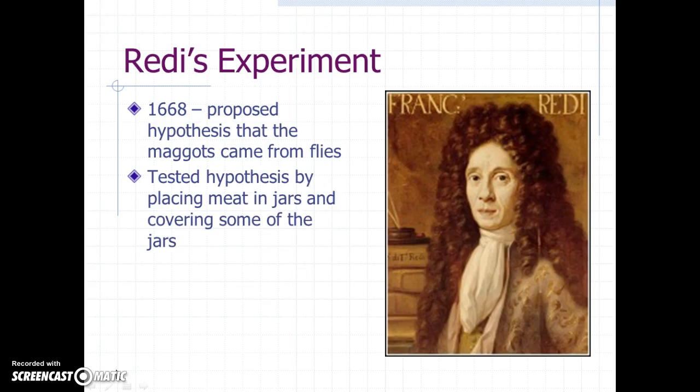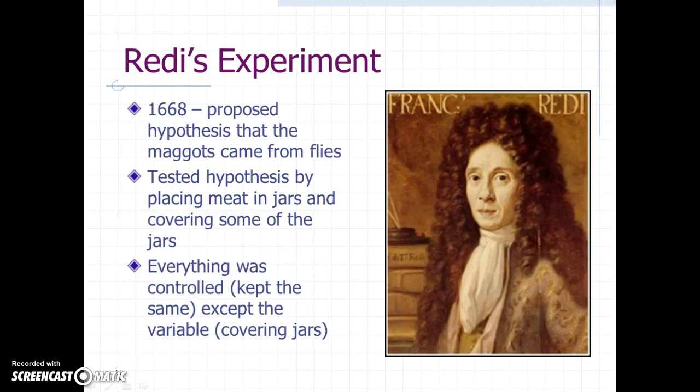And so what he did is he tested his hypothesis that maggots come from flies by placing some meat in jars and then covering half of them. When he did this, he was able to see whether or not the meat that was covered developed maggots.